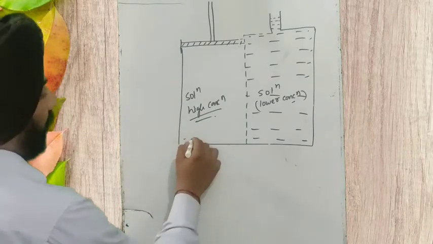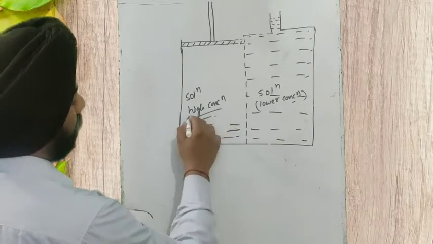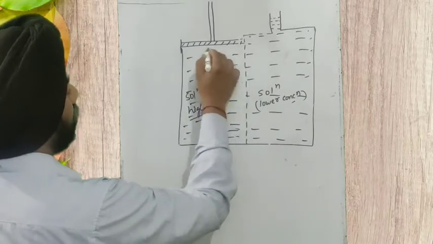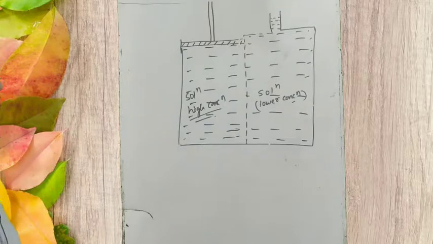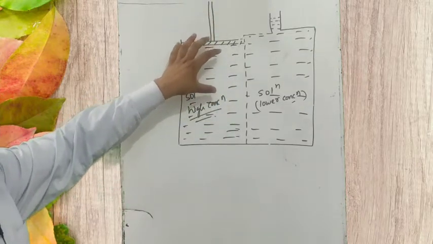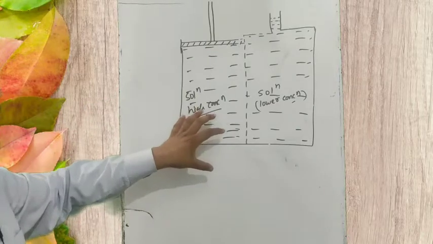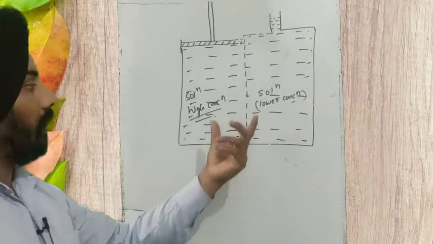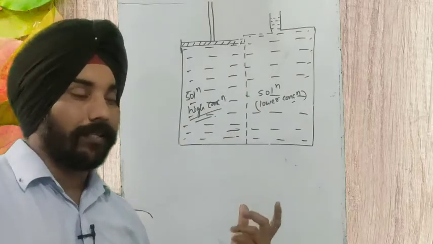Okay, so here we have a solution with high concentration, and there we made an arrangement of the piston which can exert the pressure on that solution of higher concentration, and there is a glass tube which can tell us whether the solvent molecules are passing or not passing.